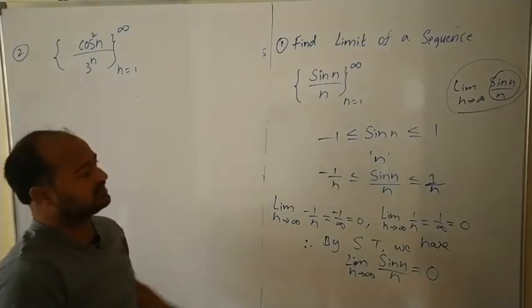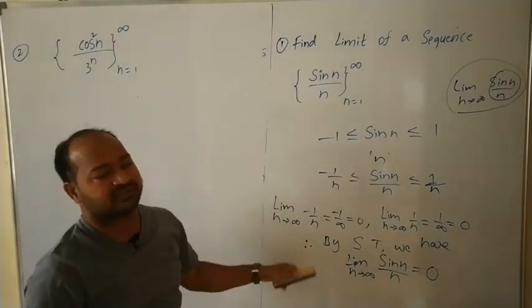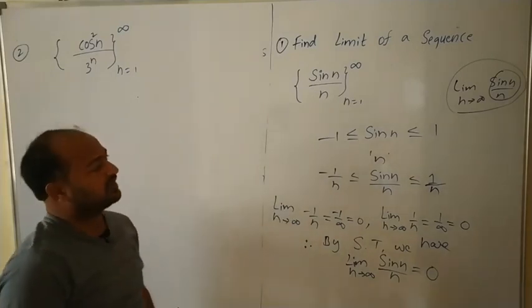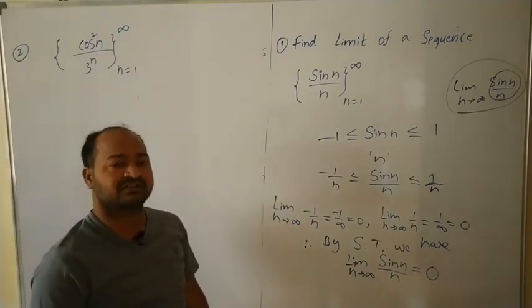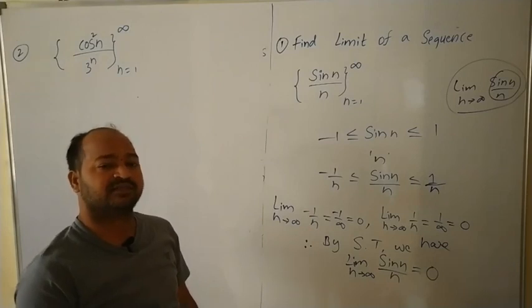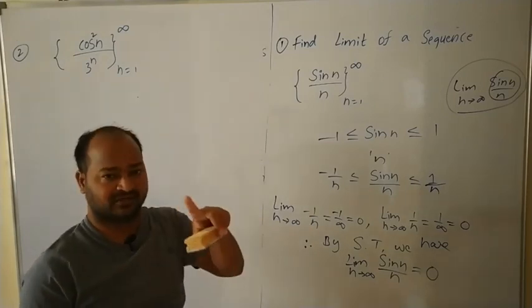Here we have to follow the same procedure, but one thing to remember: the sine function and the cos function always lie between -1 and 1. Already we know that the cos function lies between -1 and 1. But the cos square function lies between 0 and 1. Similarly, the sine square function lies between 0 and 1. Remember that point.